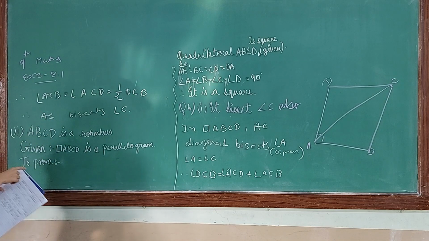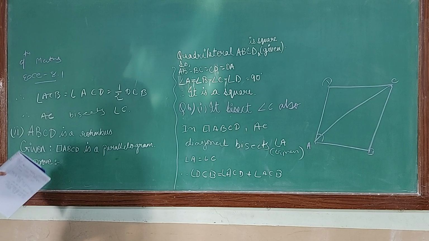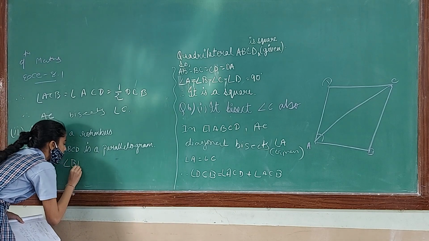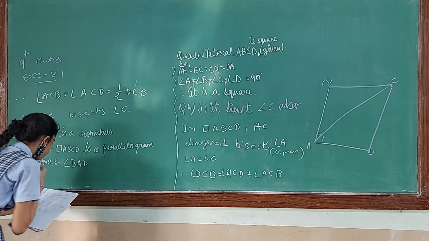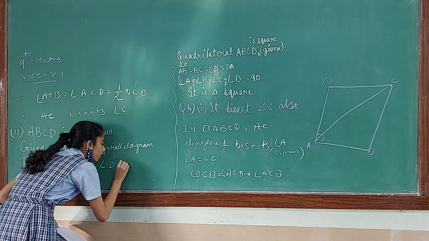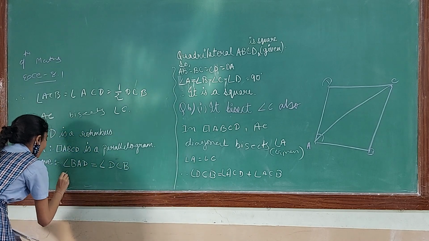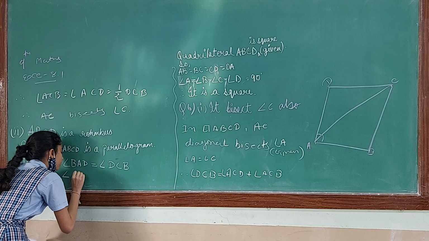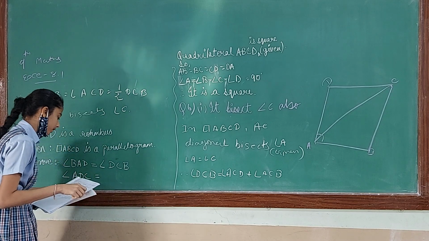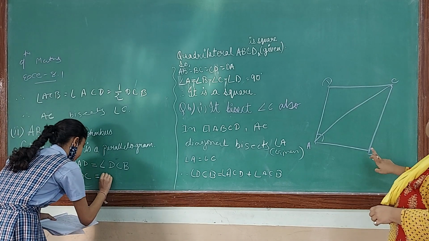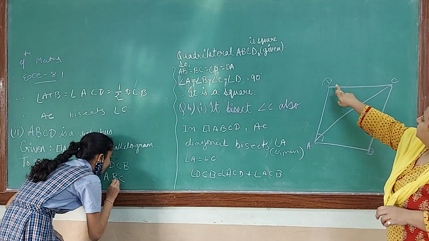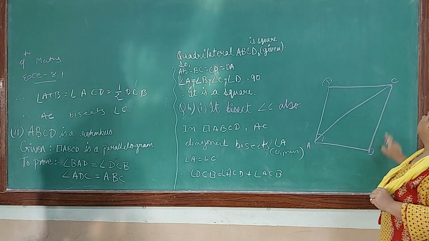Now ABCD is a rhombus. Yes. It is given that it is a parallelogram. Then angle BAD equals angle BCD. Angle BAD equals angle BCD.